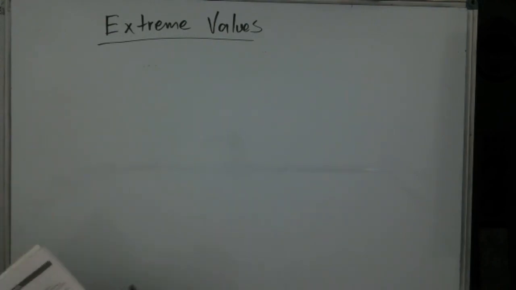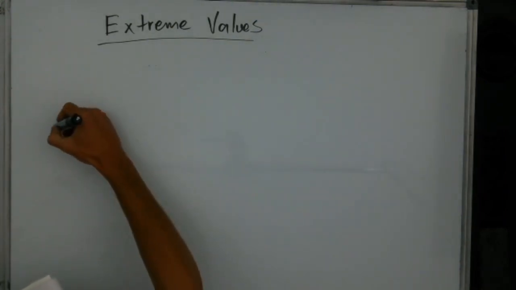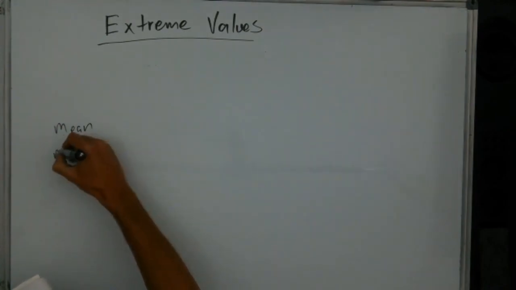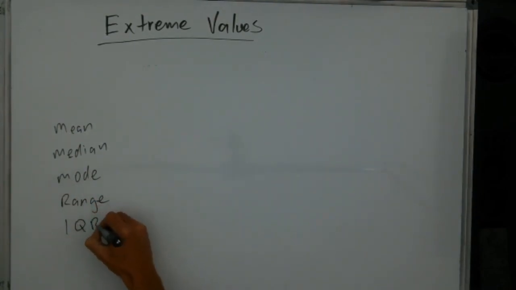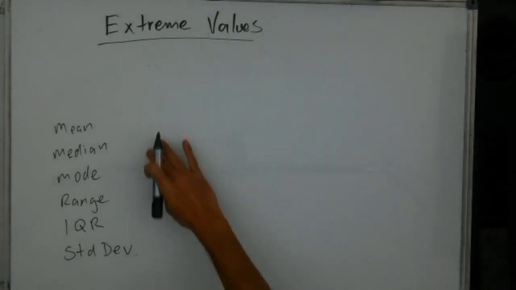So the idea, and I'll just summarise this, is we want to find the mean, median, mode, range, interquartile range, and standard deviation of everyone in the class's age.